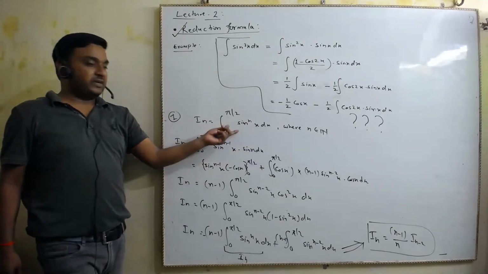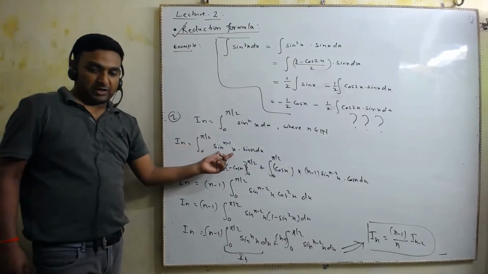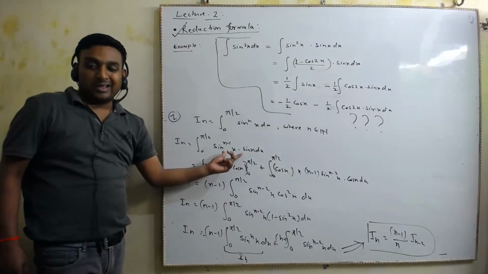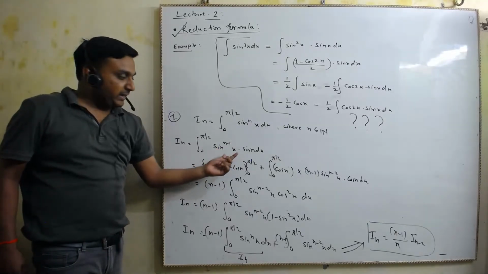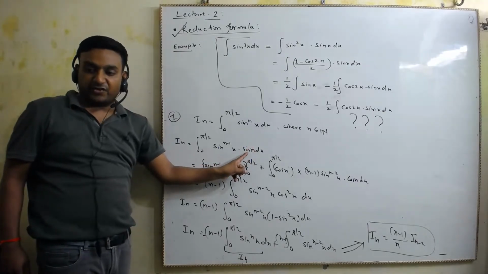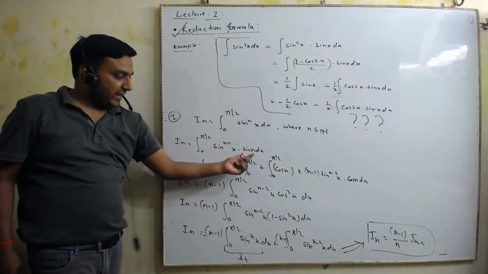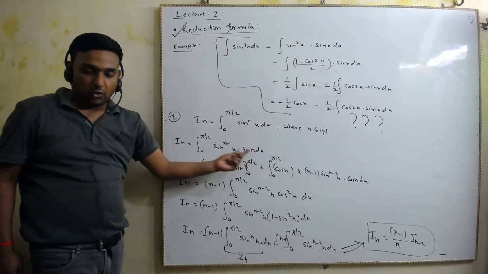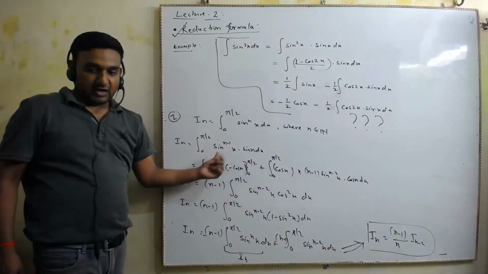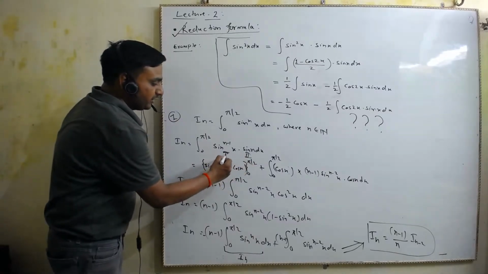So this I represented by I_n. Whenever you have some reduction formula, you will manage this integrand in a manner so that you can have some function for which the differentiation you know or integration you know. So sin x's integration we know. So we managed this sin^n x as this. After this we applied integration by parts here.